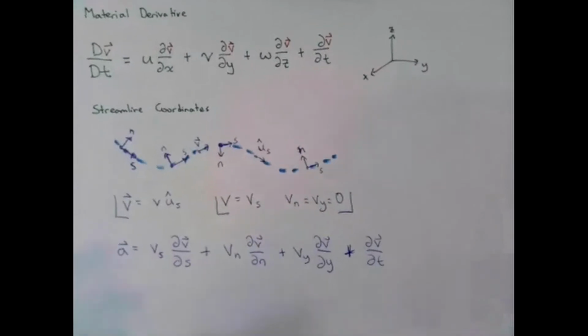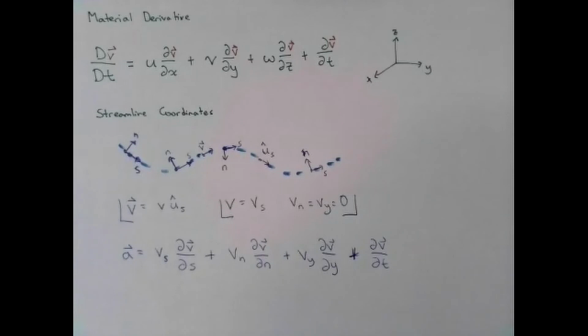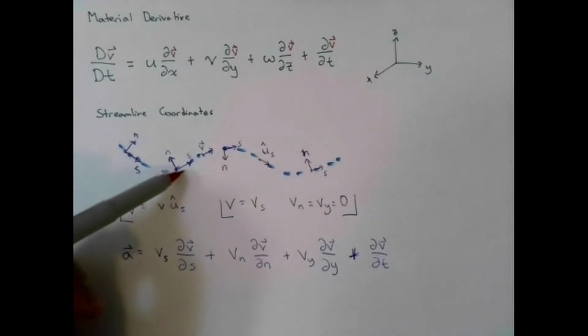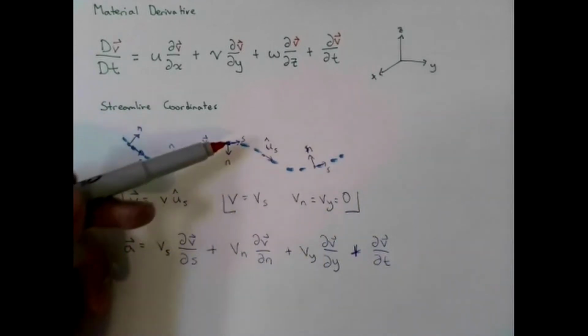But now, if you look at this equation, and we look at the simplifications that we just made, we can actually simplify this equation a little bit further. You see, we said that Vn and Vy is 0. Why? Because my velocity only moves along my streamline, which means that there is no velocity in the normal direction. There is no velocity in the y direction.